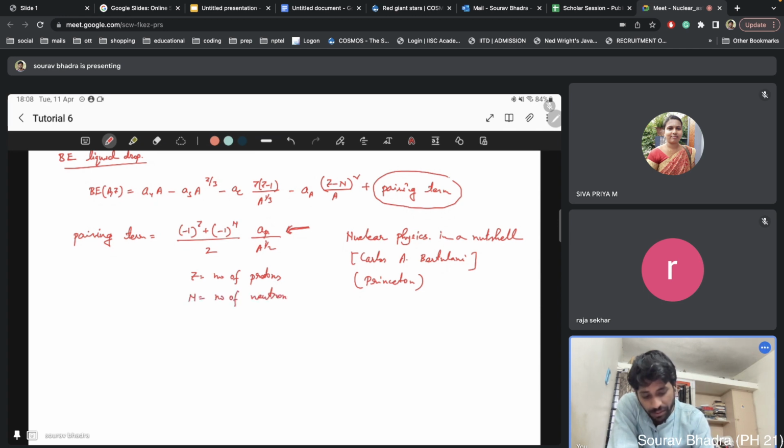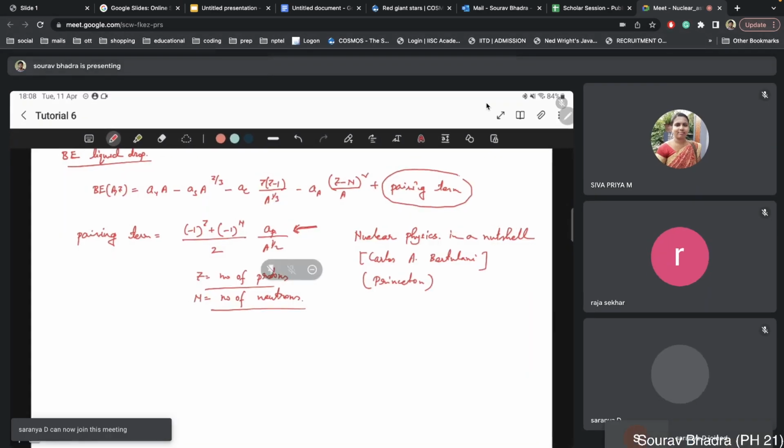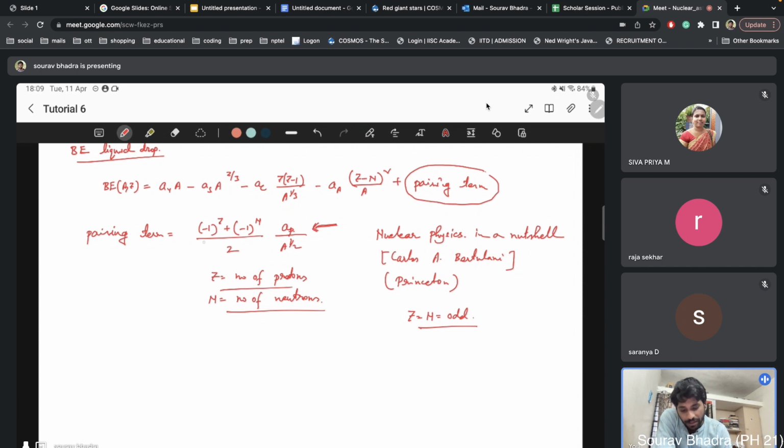It is much clearer than in the last class. Suppose you have odd numbers of protons and neutrons, so Z equals N equals odd. Then minus 1 to the power Z gives minus 1, and minus 1 to the power N also gives minus 1. So the numerator of this factor will be minus 1 minus 1, which means the overall sign will be minus. That is the main point.